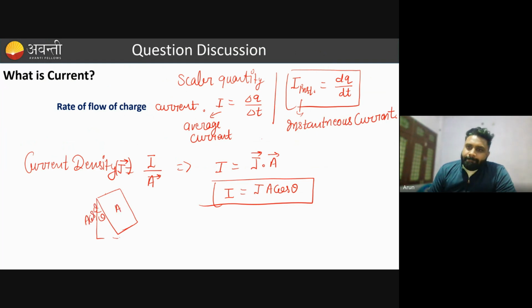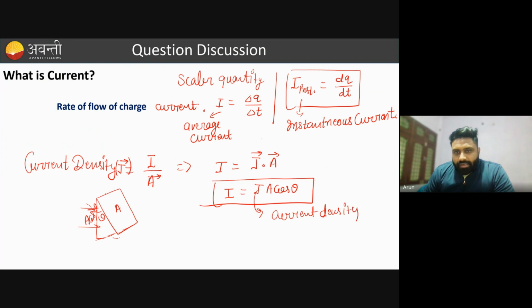Got it? So this component you have to select for the flow of current. Here J is the current density, and current density is a vector quantity.